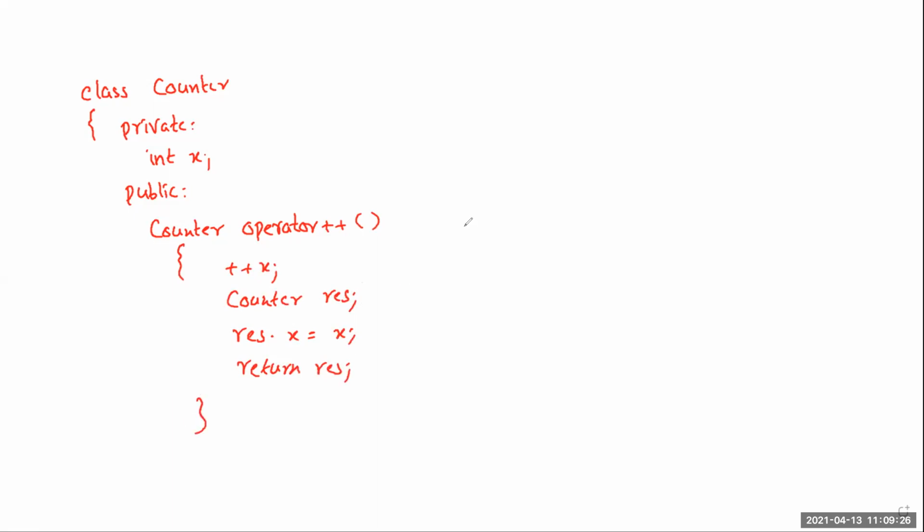This is the prefix version. Now when we write the postfix version, I will write counter operator plus plus, and here I'm just writing a dummy argument int so that the prototypes of both these functions are different.